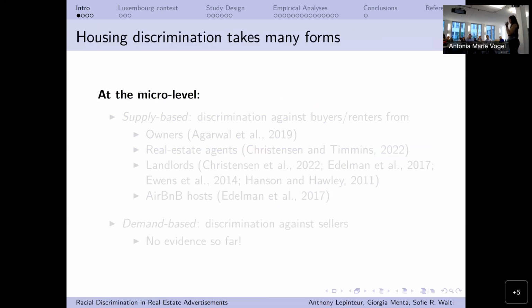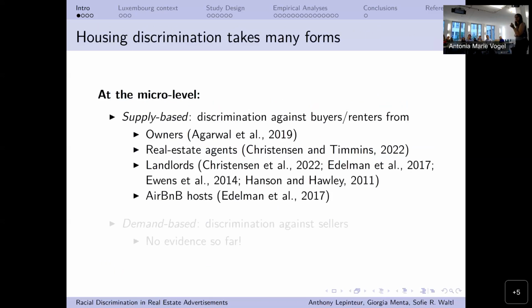On the micro level, there have been several studies when it comes to housing. So a lot of discrimination against buyers or renters, on both sides. For instance, by owners selecting specific renters they prefer or not prefer, those whom they like or not like so much. Also discrimination by real estate agents, by landlords, and also a very prominent one by Airbnb hosts, picking the guests they want.